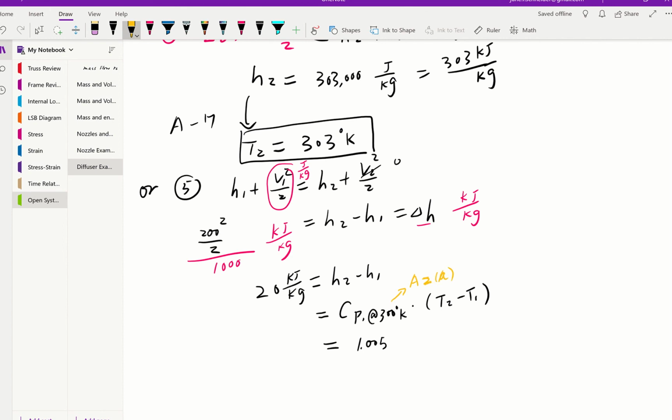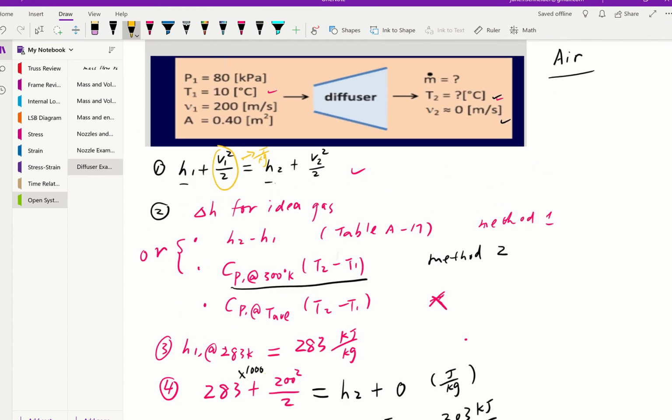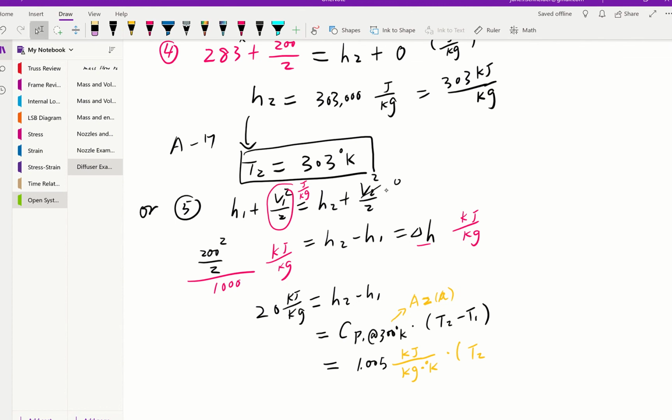So knowing that, the unit for CP specific heat is kilojoule per kilogram per Kelvin, and T2, that's what we are solving. T1 is 10 degrees. Since it's a temperature difference, I don't need to change this to Kelvin, right? Because this will already give us Kelvin.